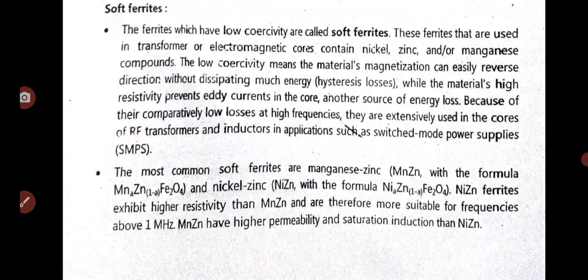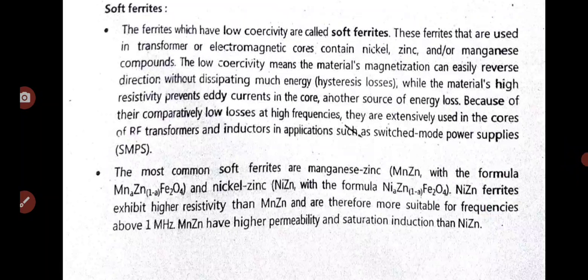So what is meant by coercivity? Simply, it is the magnetic field intensity H value which is reversed in the hysteresis loop until the flux of the material becomes zero.